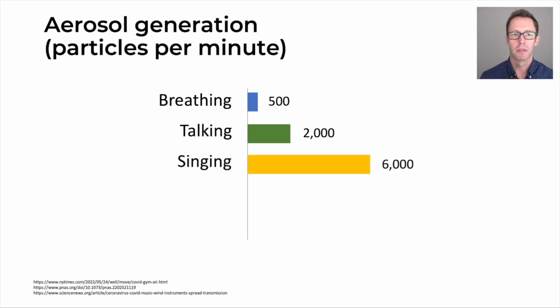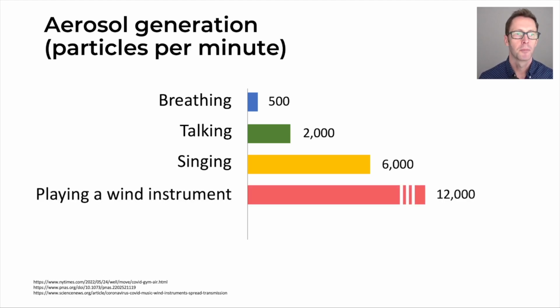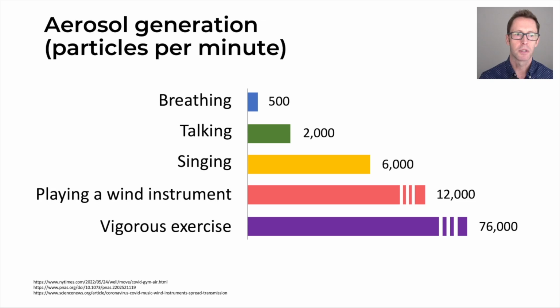Singing, interestingly, generates around 6,000 aerosol particles per minute. Playing a wind instrument, and this is from a study that I've linked to below, generates as many as 12,000 aerosol particles per minute. And vigorous exercise, a massive amount of aerosol production at 76,000 particles per minute.